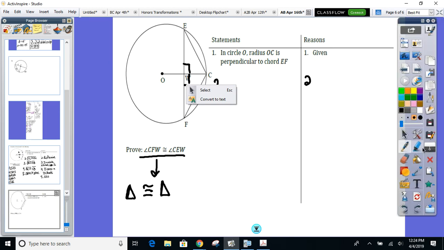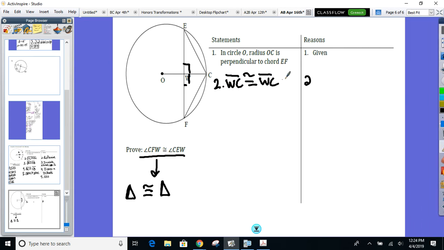So how can I get those triangles? Let's go over some old stuff first before we bring in the new circle theorems. Right off the bat, I have WC congruent to WC, reflexive. And yes, I know it's been a while. Kick the rust off, but we can say the right angles are congruent.